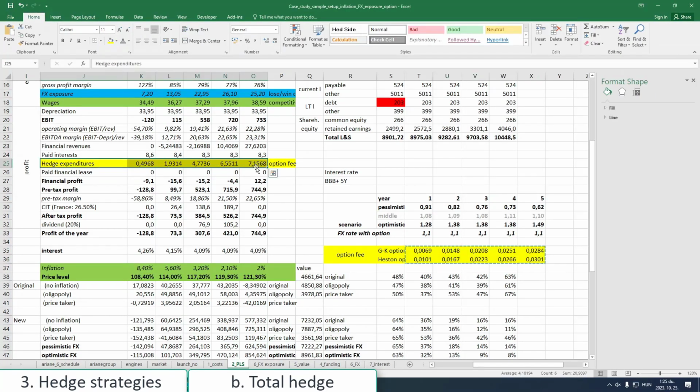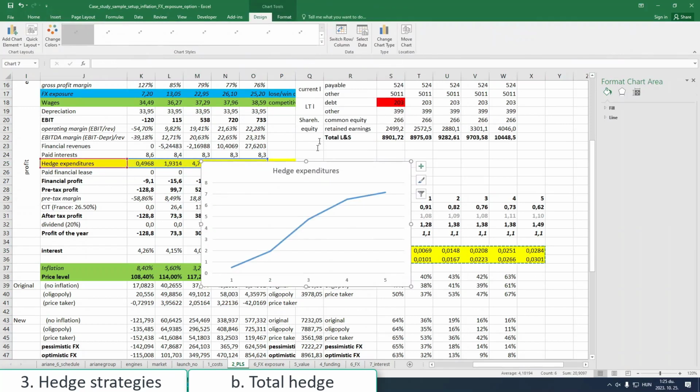So this will be hedging exposure. Let's create a graph.